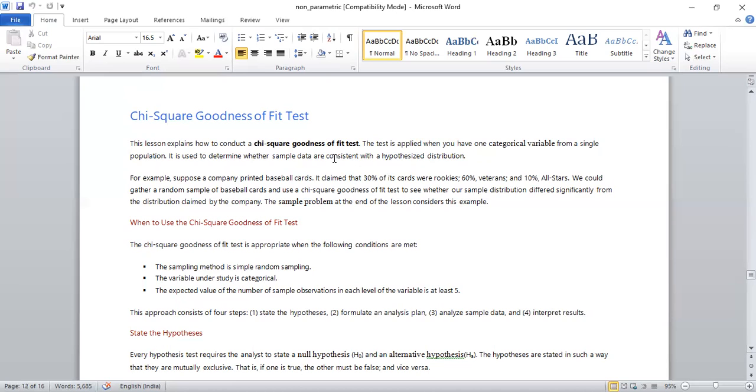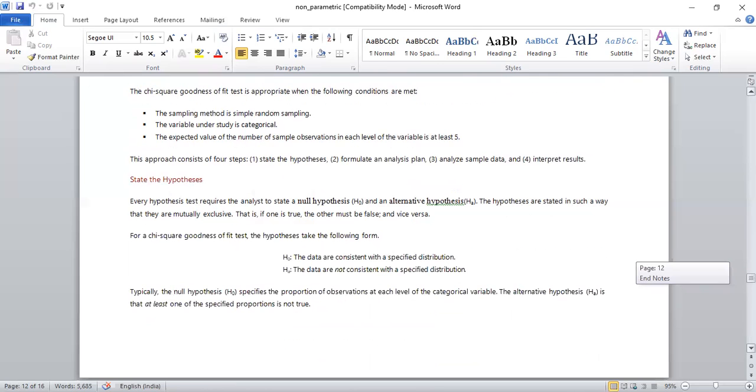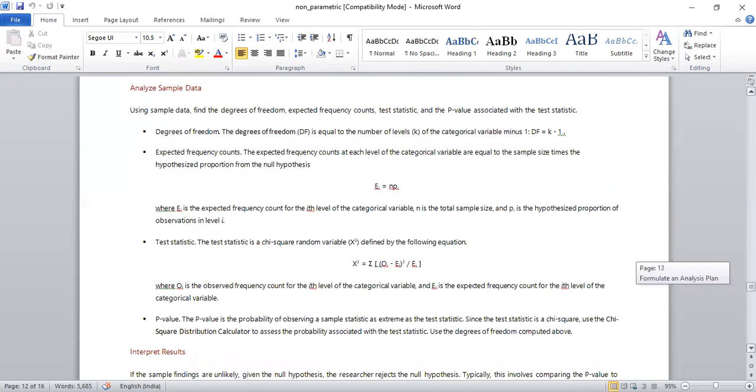Whether the sample data are consistent with the hypothesized distribution, which may be a normal distribution or the distribution the company is claiming, or they are not following it, at least one of the proportions is different. Look at this part.